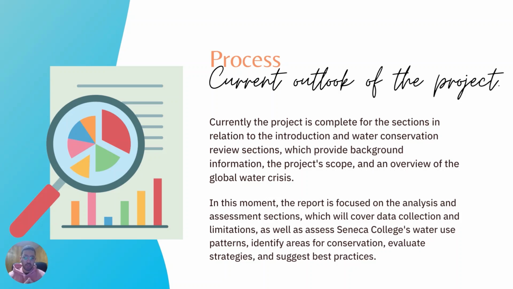At this moment, the report is focused on the analysis and assessment sections, which will cover data collection and limitations, as well as assess Seneca College's water use patterns, identify areas for conservation, evaluate strategies, and suggest best practices.